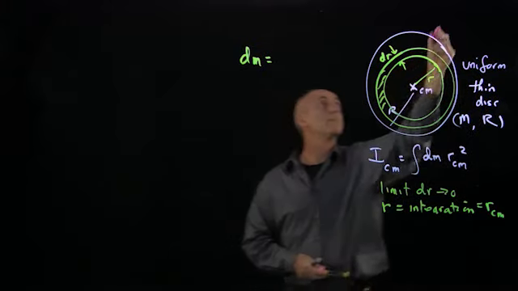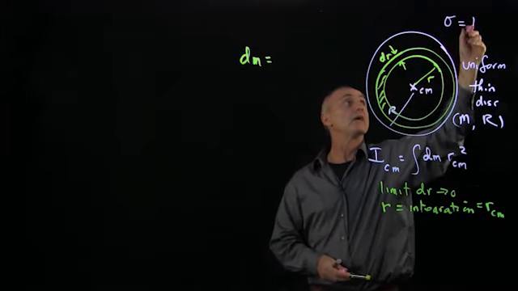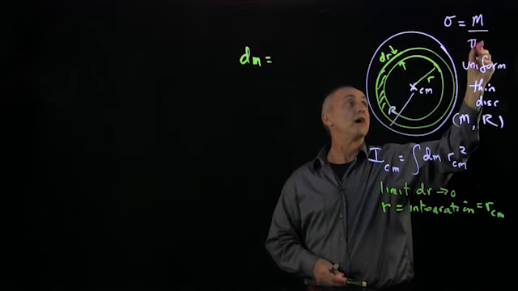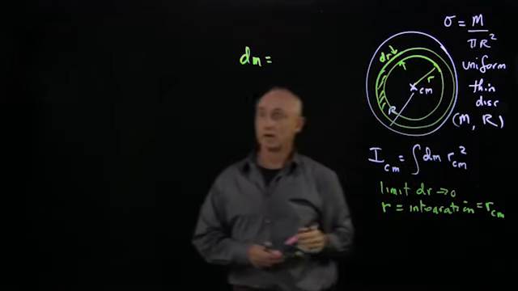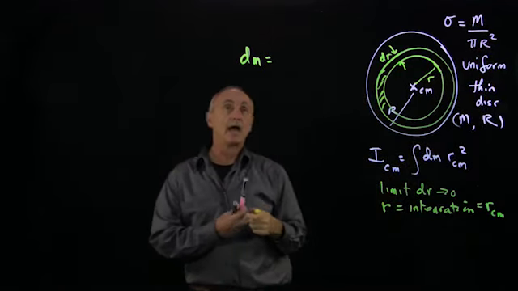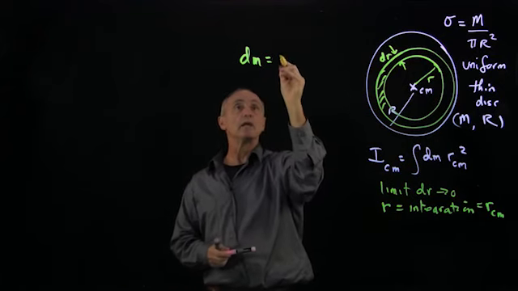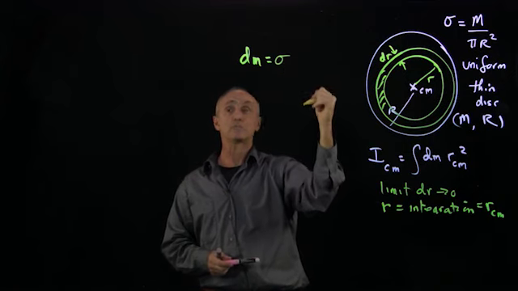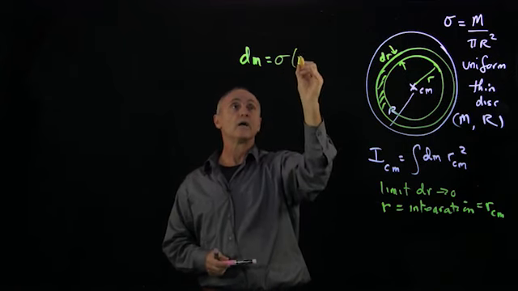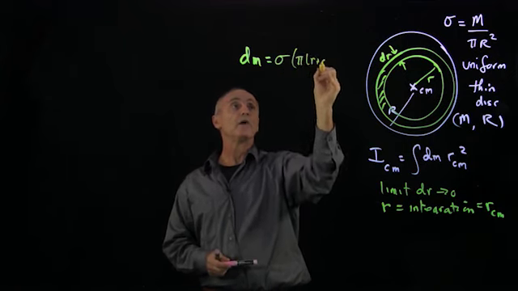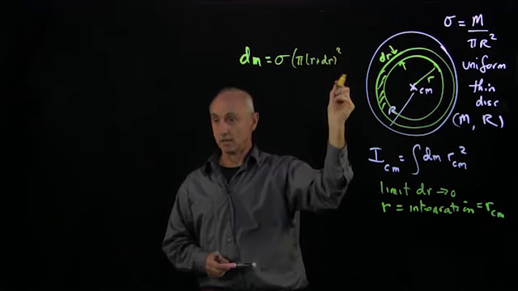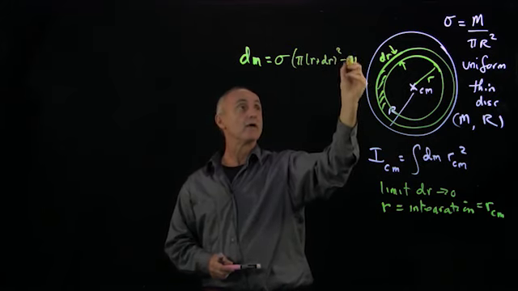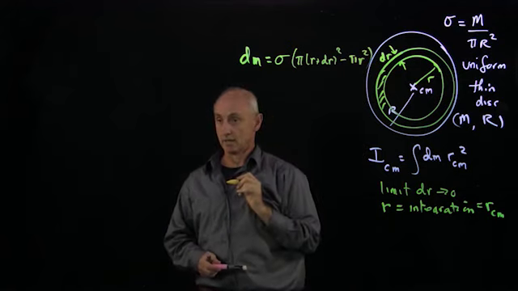And so we can describe the mass per unit area as the total mass divided by the area of the whole disk. And then we can say that the mass in that ring is equal to sigma, mass per area, times the area of the outer ring minus the area of the inner ring.